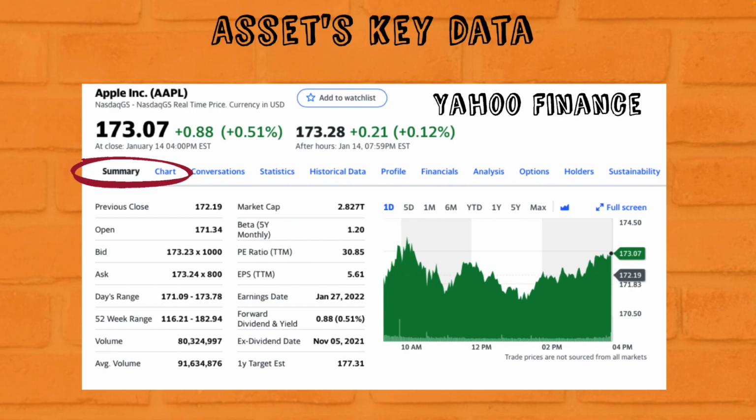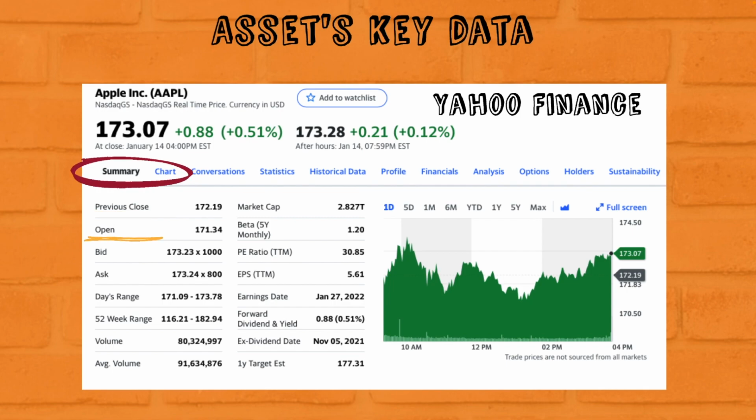There are many parameters here, but let's take a look at some of the most important parameters of this table together, one by one. Previous close is the last traded price of an asset during a certain time frame. For example, if you are looking at the daily prices of Apple stock, the close price is the last price of the stock at the end of the previous day, before the exchange closes.